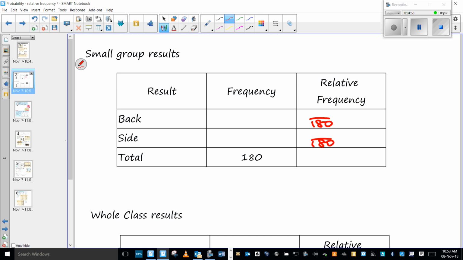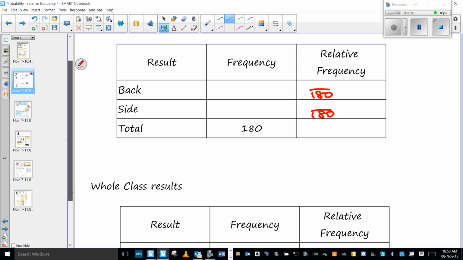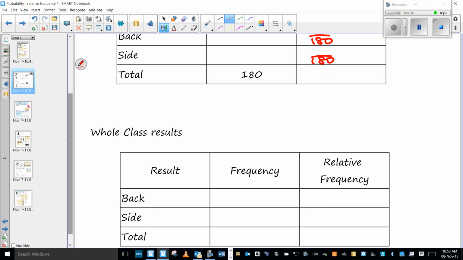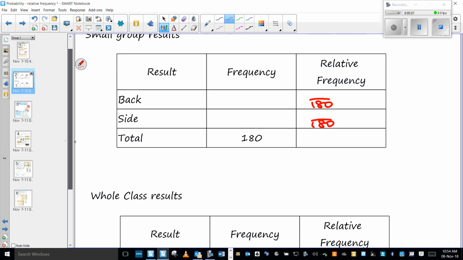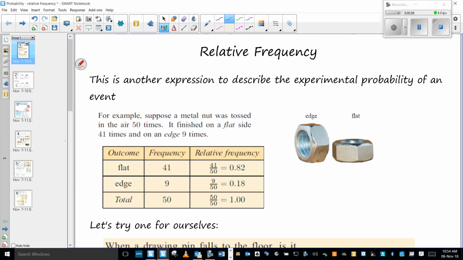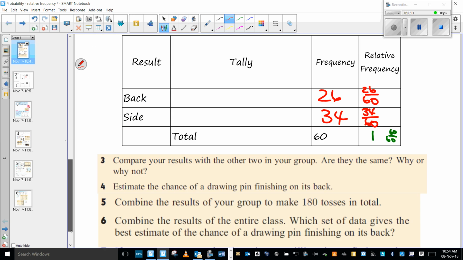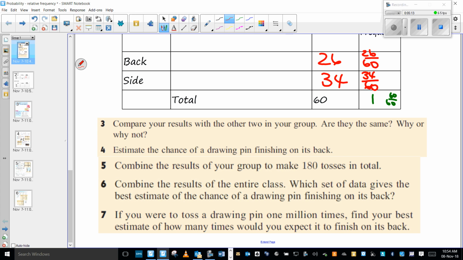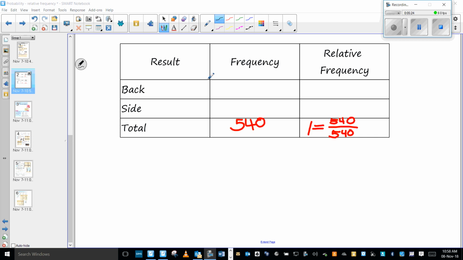I didn't write the whole class because I wasn't 100% sure that everyone was going to be here today. So then what we're going to do is join the whole class. So going back to this, we're combining the results of our group, and then we're going to do the whole class, and then answer those other two questions. So get combining. So for the back, what's this back group? What did you get?